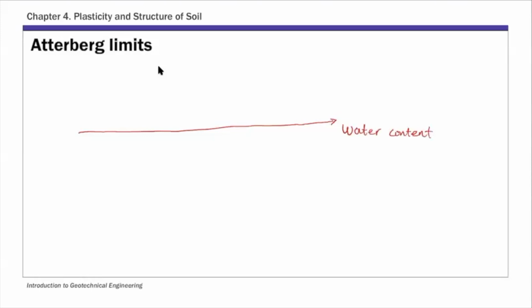And we'll start from the lower end. So we start from a completely dry clay. So it's the very dry end. So when water content or moisture content is relatively low, the clays behave like a solid. So it's kind of a solid-like material.